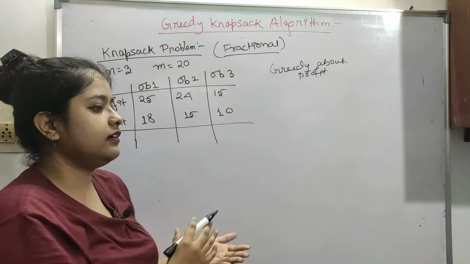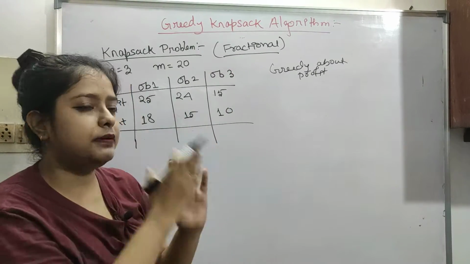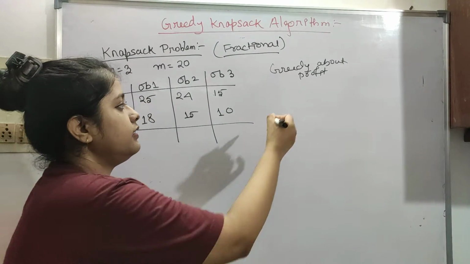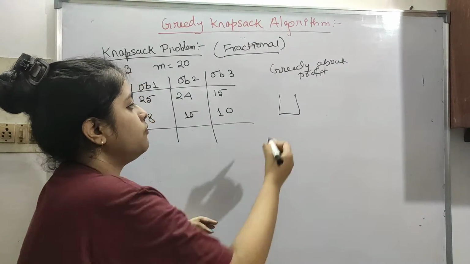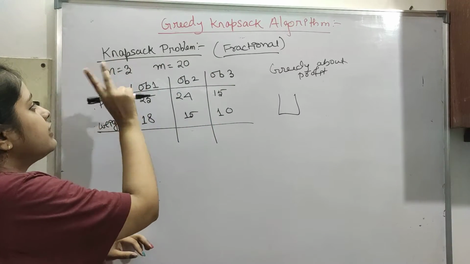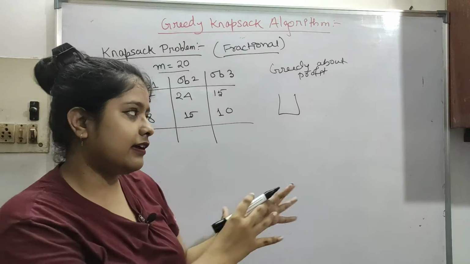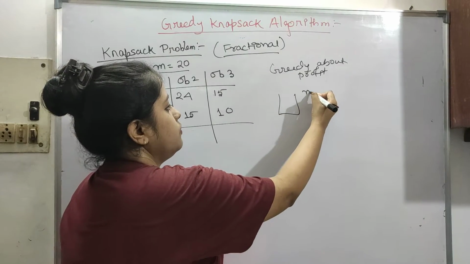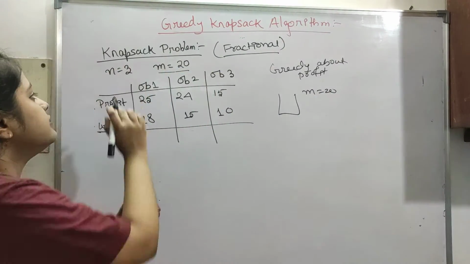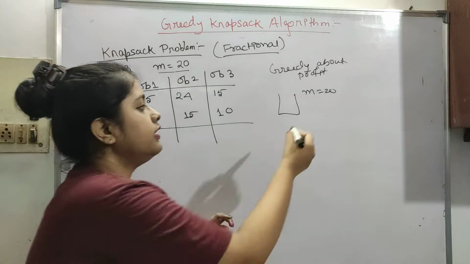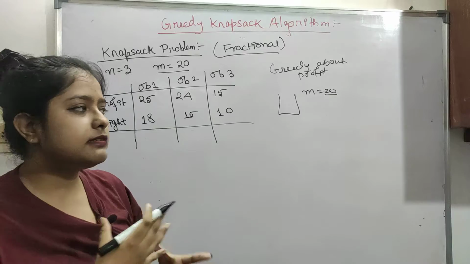So here in the greedy way, he can break the item and take a part of it. Let's say you have taken three objects, and his sack's weight is 20. This is the weight, and this is the number of items present. So how can he fit 20 in the maximum profit way?